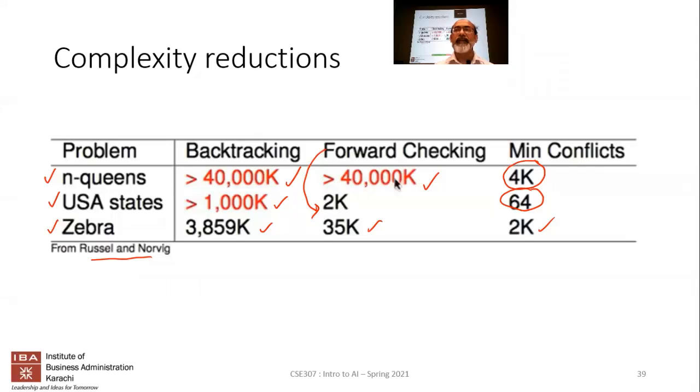In all of these, is a solution guaranteed? Does it always find a solution? In a CSP problem, even if you're using minimum conflicts or forward checking or backtracking, as opposed to using a depth first search or breadth first search.